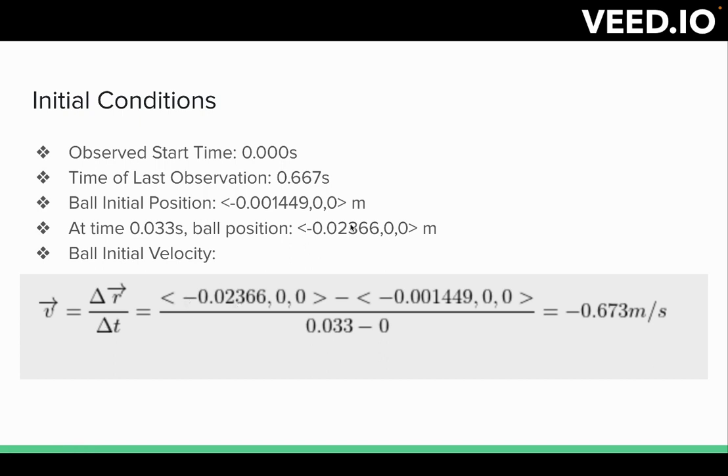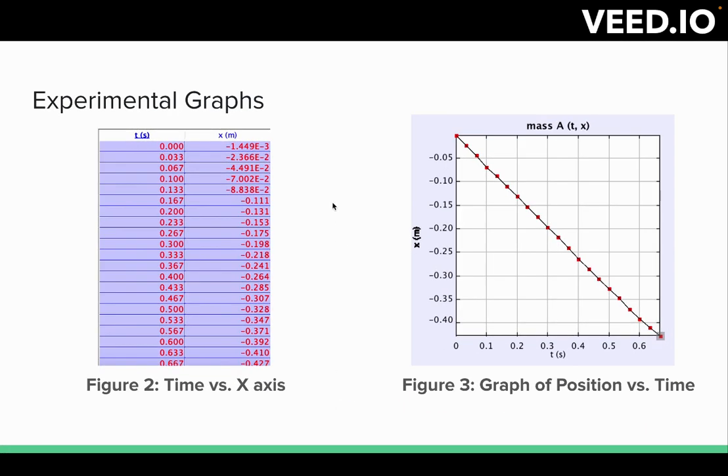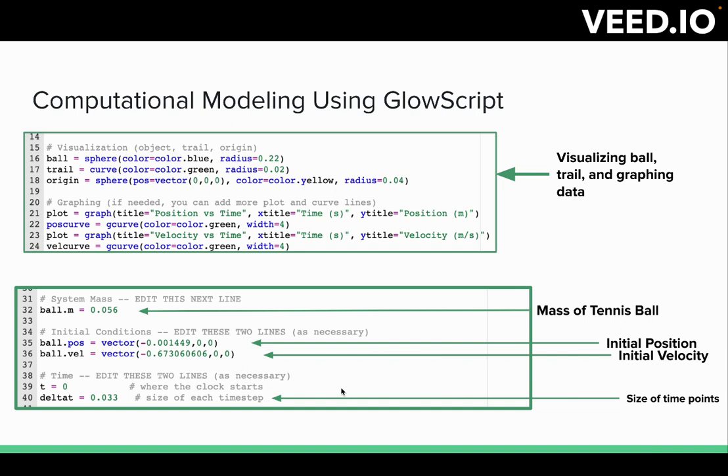We used this vector minus this other vector to get negative 0.673 meters per second. You can see here the time versus x-axis for the Tracker software, as well as the graph of position versus time.